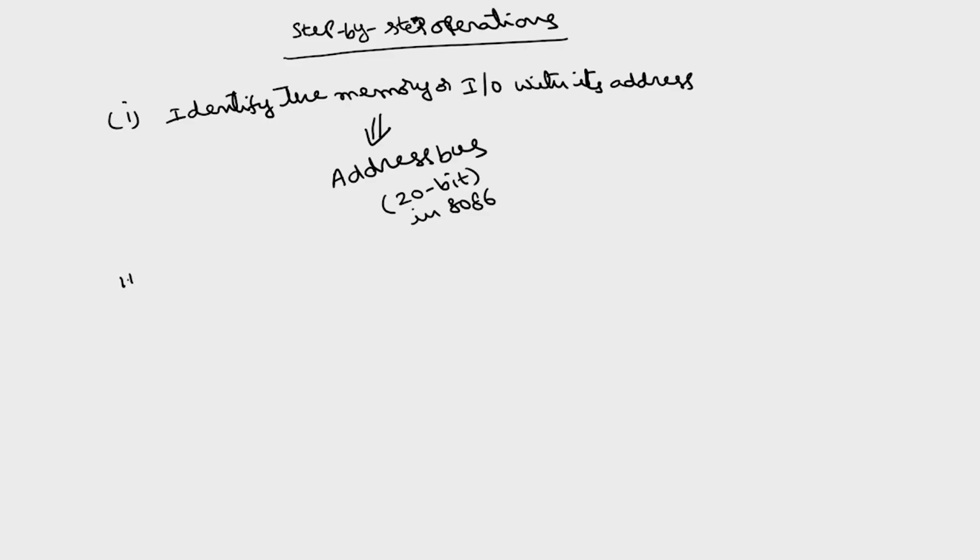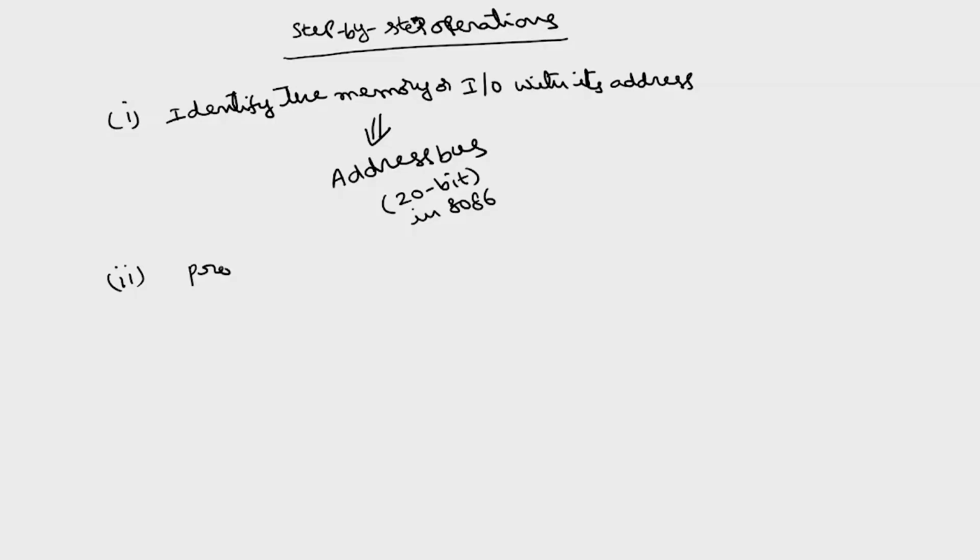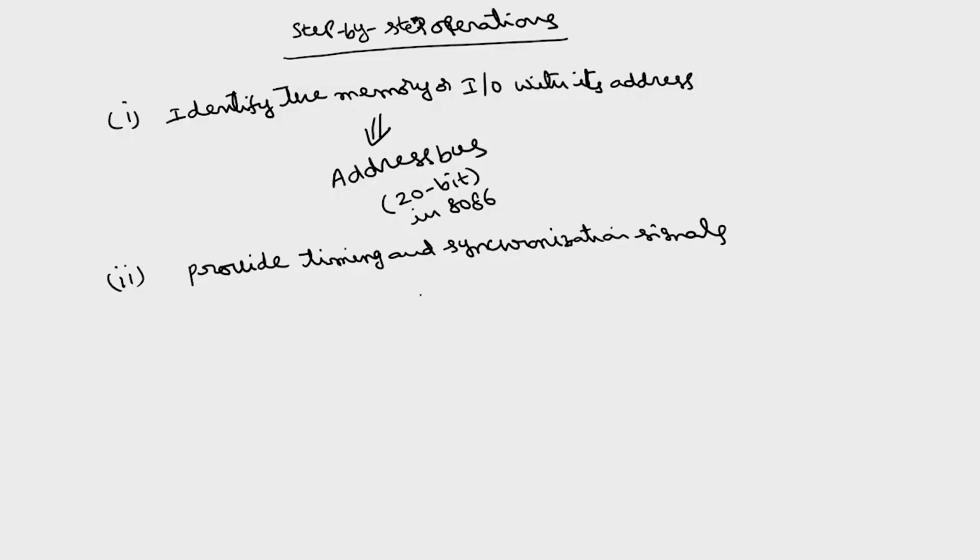After identifying this memory or I/O, it has to generate control signals, and provide timing and synchronization signals, such as whether it has to perform the read operation or the write operation. 8086 has 2 control signals for this: read bar and write bar. There are some other control signals, but for this particular operation, there is the read bar signal.